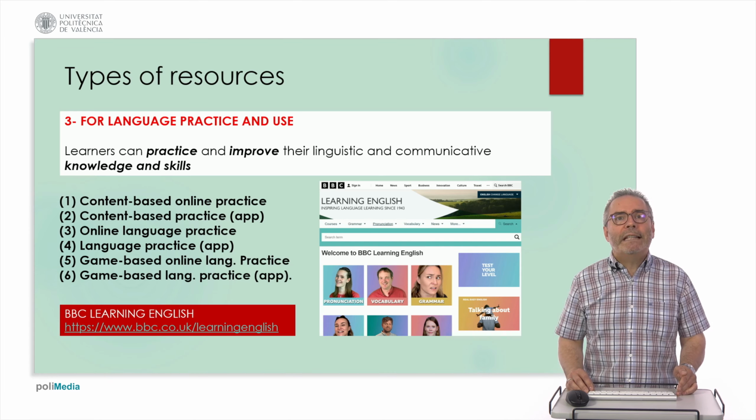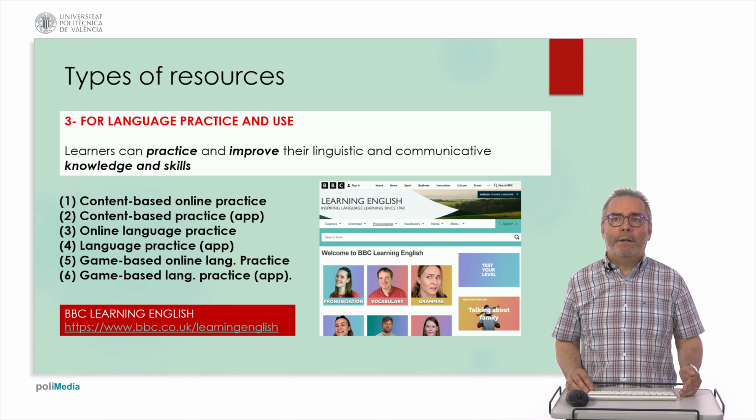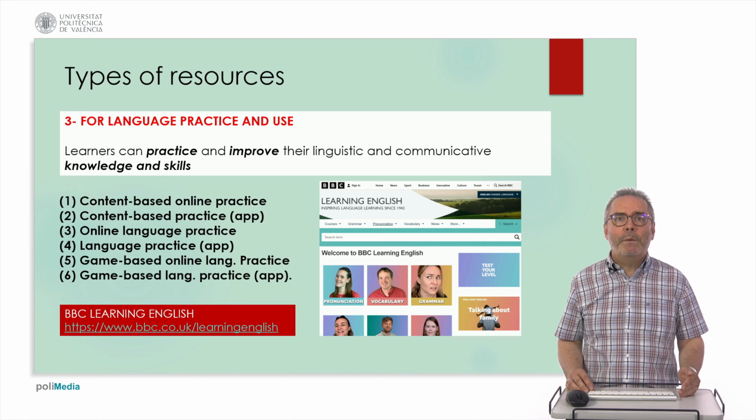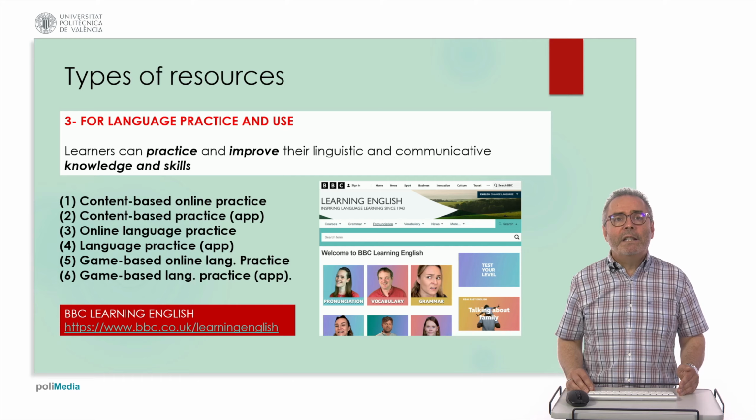Here learners can practice and improve not only the knowledge about the L2, but also some communicative skills. For example, content-based or language practice, online practice are based on apps. These are the subcategories. A good example would be BBC Learning English.